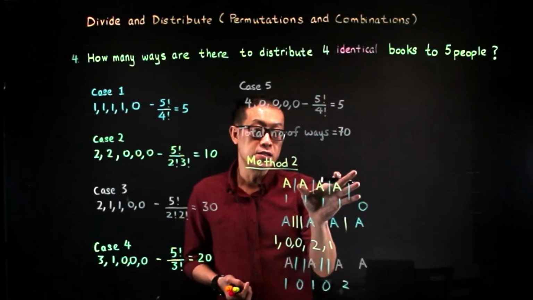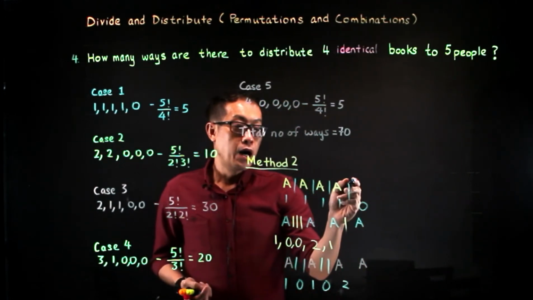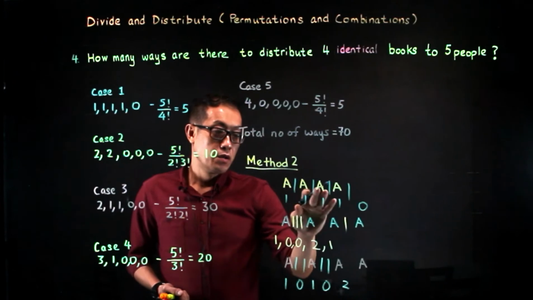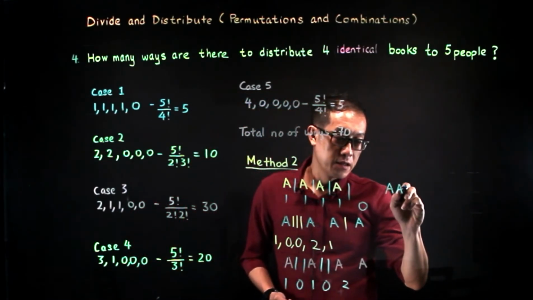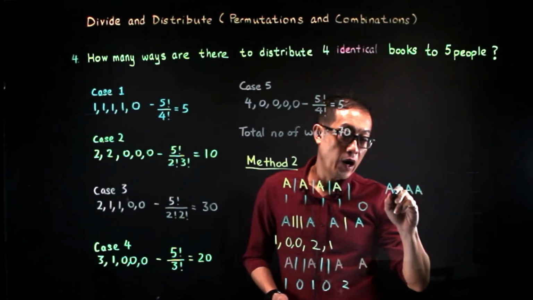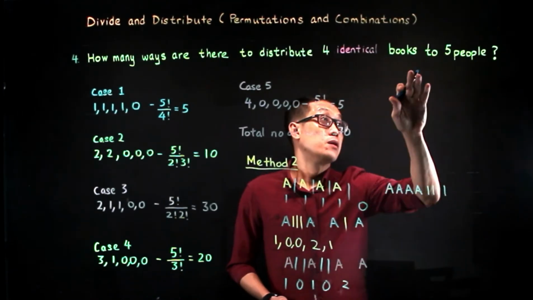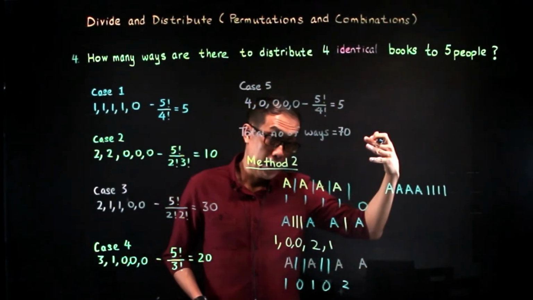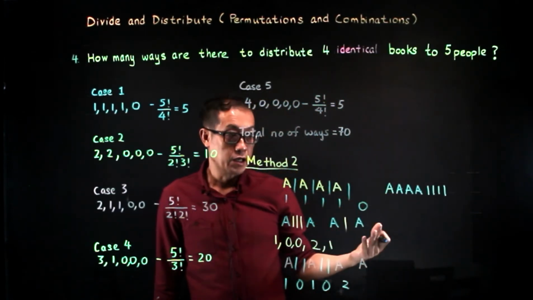That means the number of ways will be as good as how many ways can we arrange 4 identical A's and 4 sticks, because I want 5 groups, so I must have 4 sticks. If I want n groups, then I must draw n minus 1 sticks.